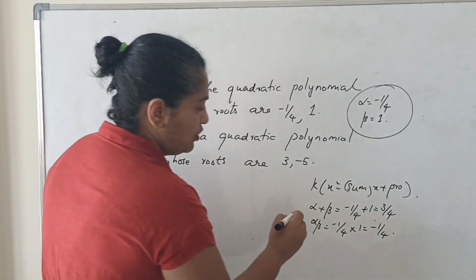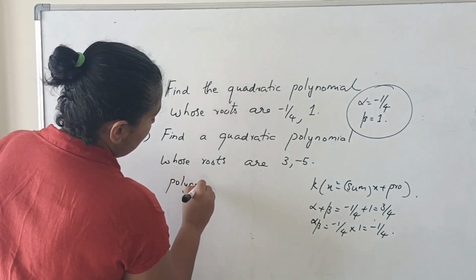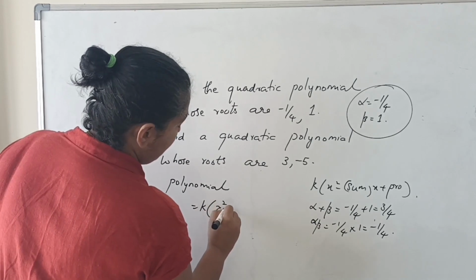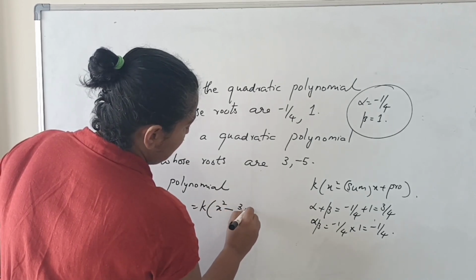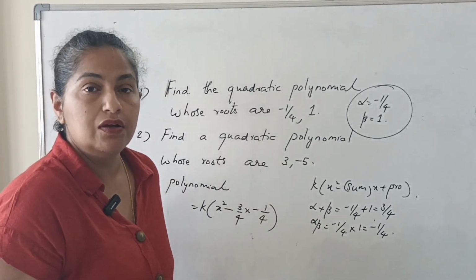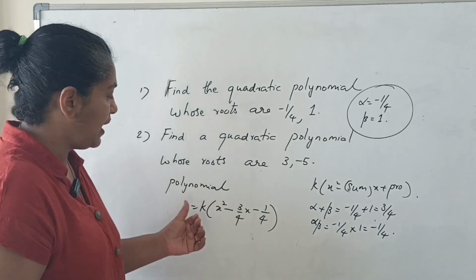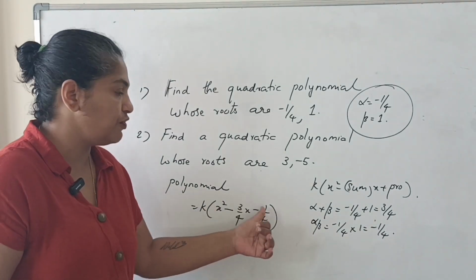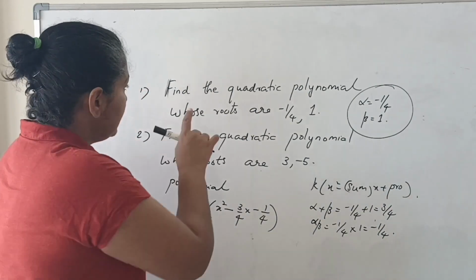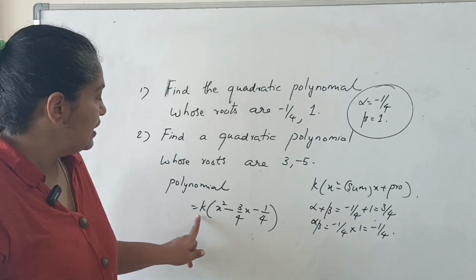Now let us apply it to the polynomial. The polynomial which is asked is k into x square minus sum into x plus product. Now, this is our given polynomial: k into x square minus 3 by 4x minus 1 by 4. That is our polynomial. Now, the question is find the quadratic polynomial.